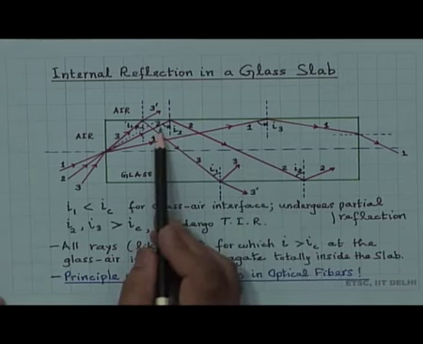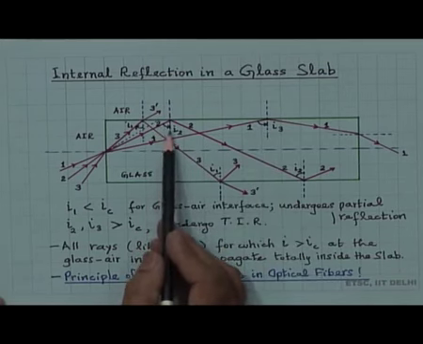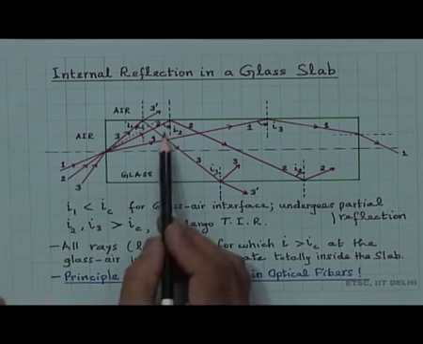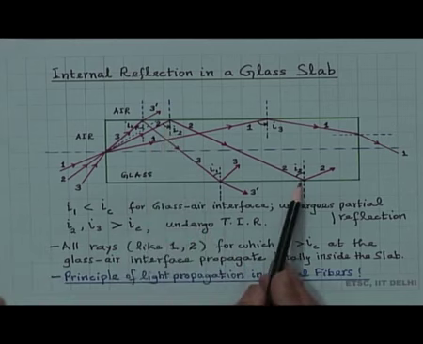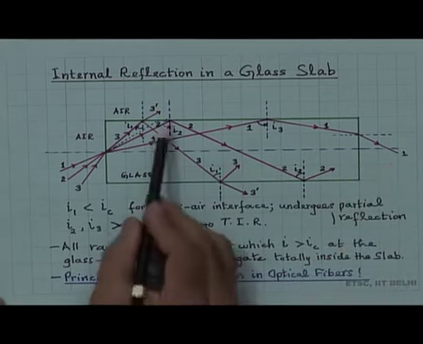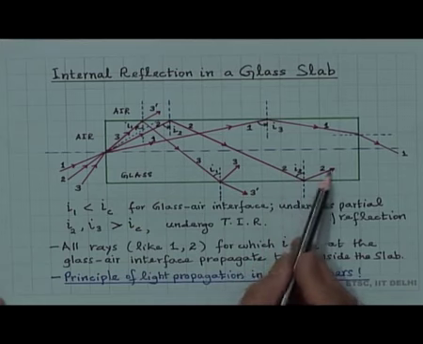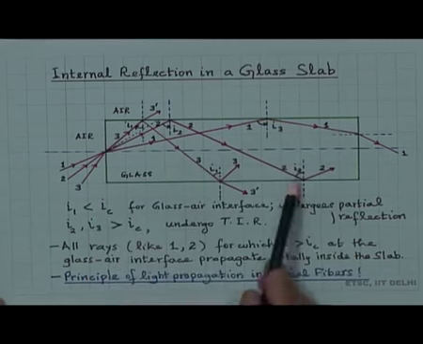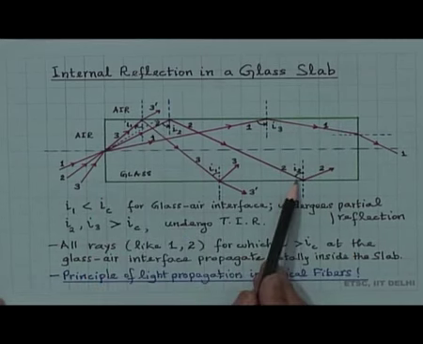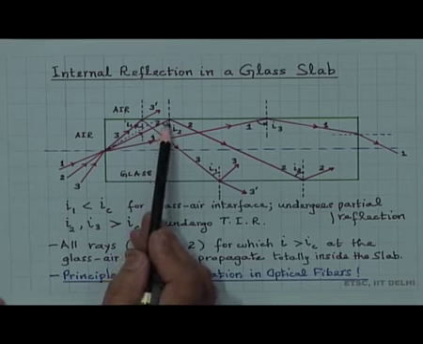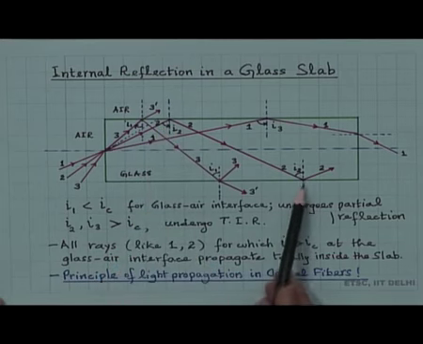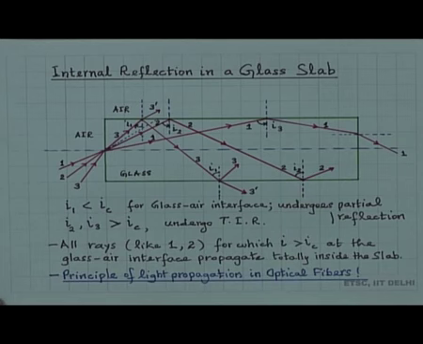I 2 is smaller, but if I 2 is greater than the critical angle, then it will also undergo total internal reflection. And if it subtends an angle I 2 here, it will also subtend an angle I 2 there, and it will undergo total internal reflection, because these are two parallel lines, and therefore, if this is I 2, then this will also be I 2, which means if it undergoes total internal reflection here, it will also undergo total internal reflection here, and the light will get transmitted inside the slab.